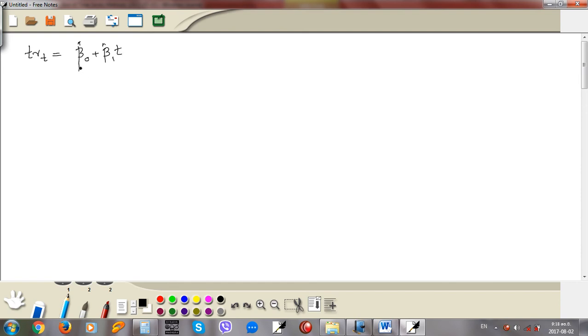Then to get the value for this equation, you need to find beta naught and beta 1, right?